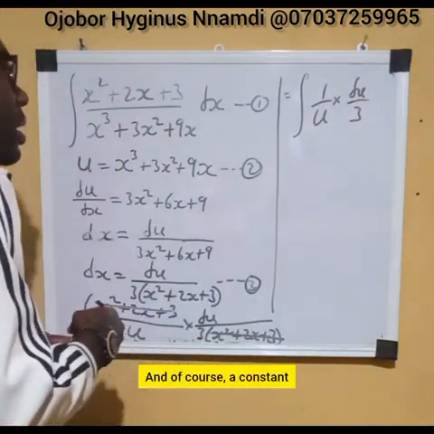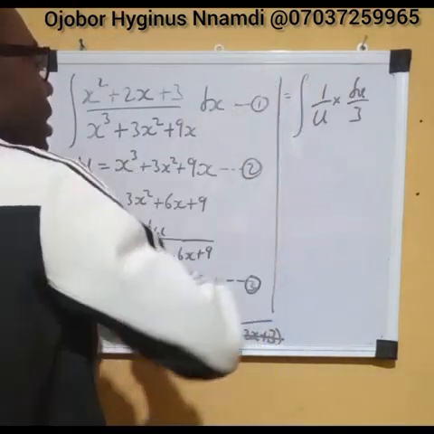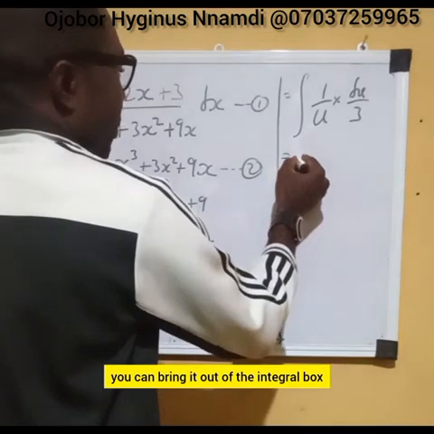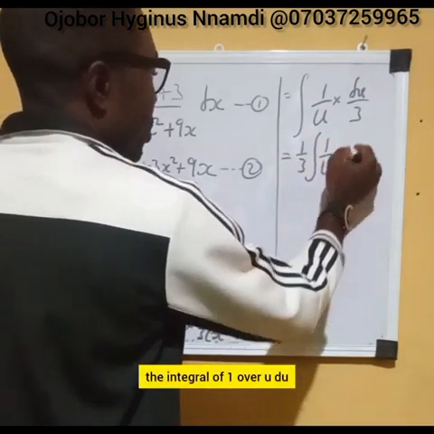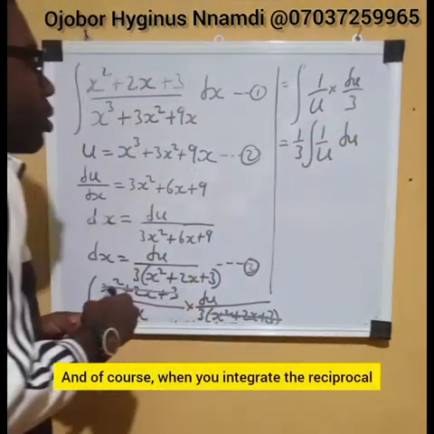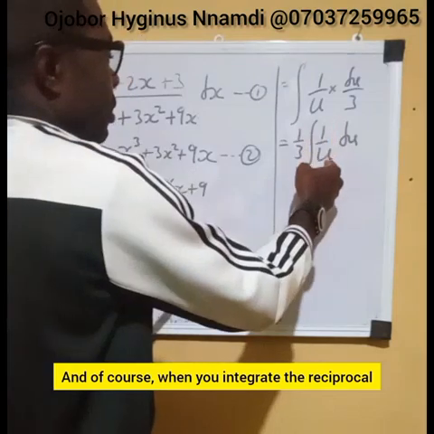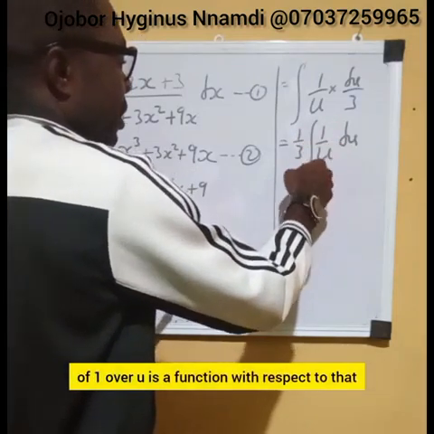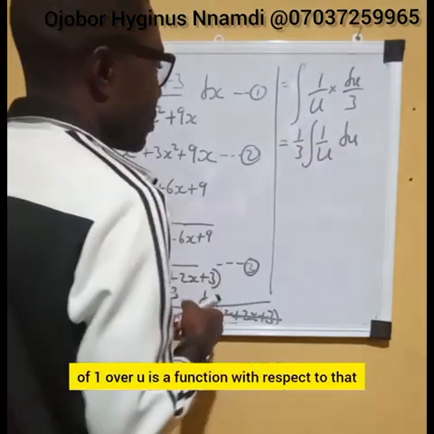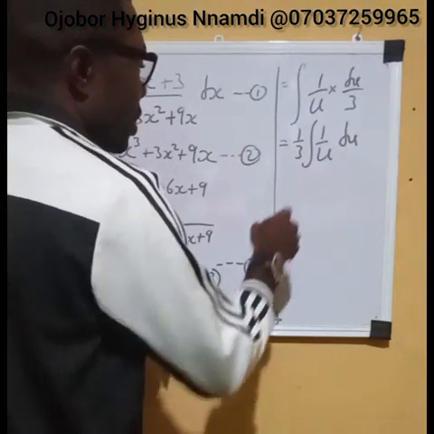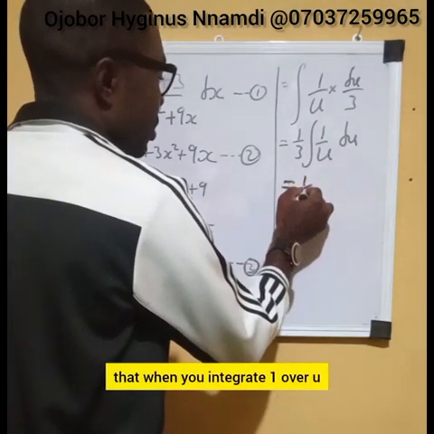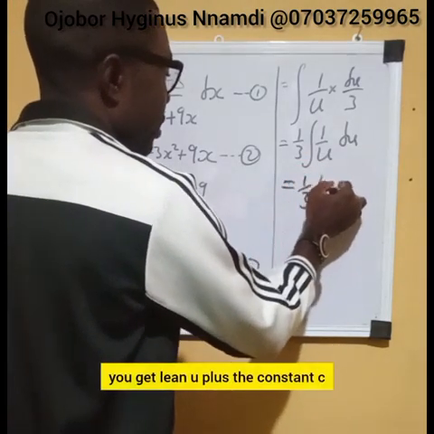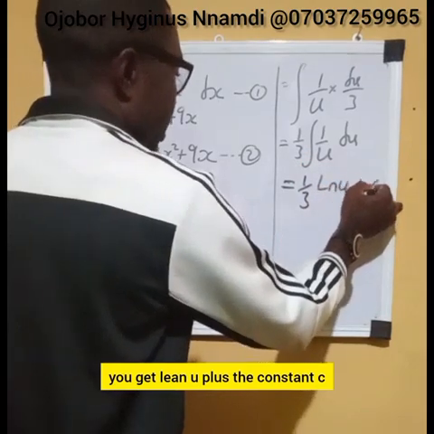And of course, integrating a constant, you can bring it out of the integral, so that I have 1 over 3 the integral of 1 over u du. When you integrate the reciprocal, that is 1 over a function with respect to the differential of that function, it will give you a natural log. So when you integrate 1 over u, you get ln u plus the constant c.